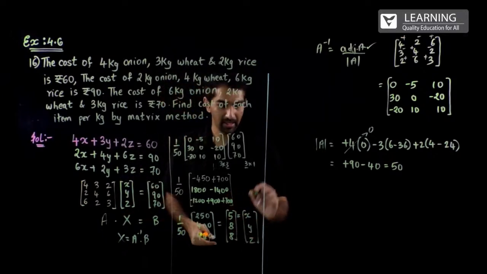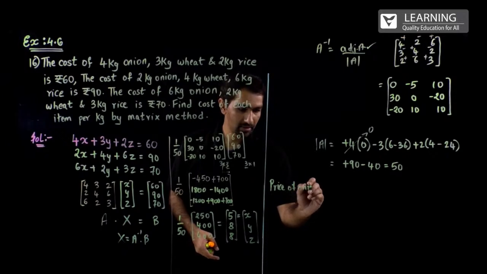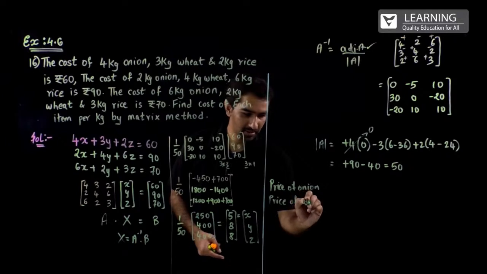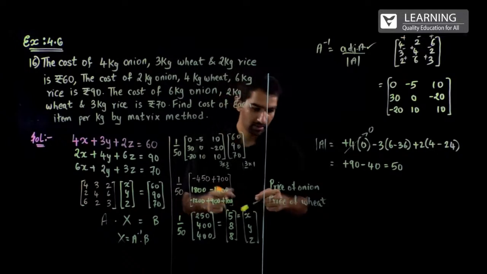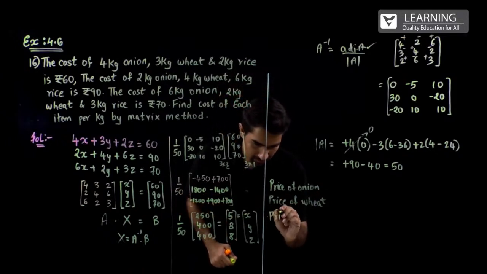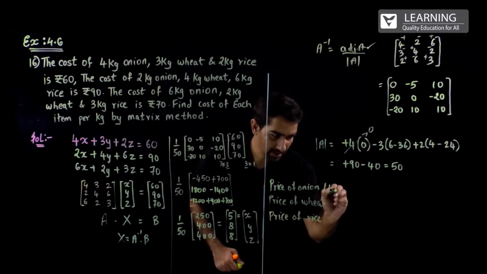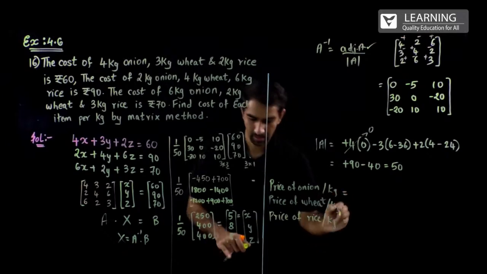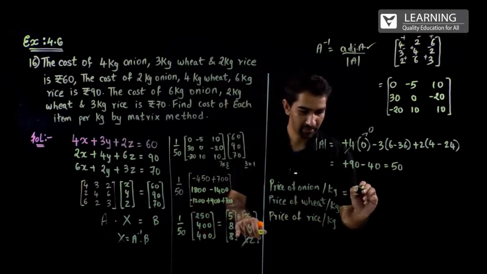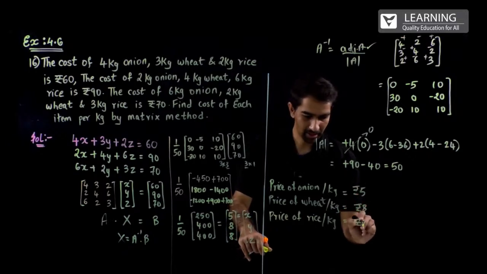So therefore we can write price of onion, price of wheat, and finally price of rice per kg equals rupees 5, rupees 8 and again rupees 8.